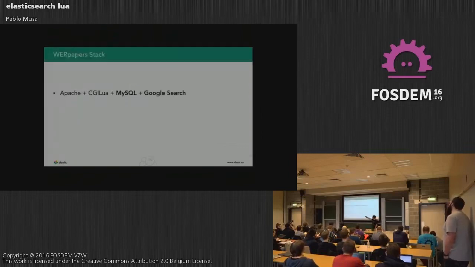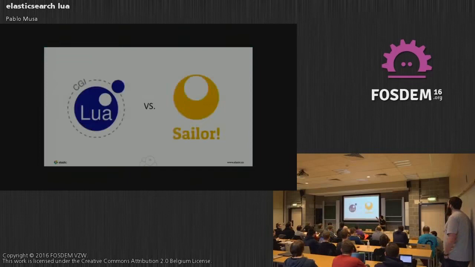It was designed with Apache, CGI Lua, MySQL, and the search was based on Google search. And what I did was look into that and say, okay, looks old-fashioned to me. I want to experiment with new things. I want to change. Let's move it to Sailor and Elasticsearch. So the CGI Lua versus Sailor part, I'll leave to Etienne, who probably knows more than me about it.